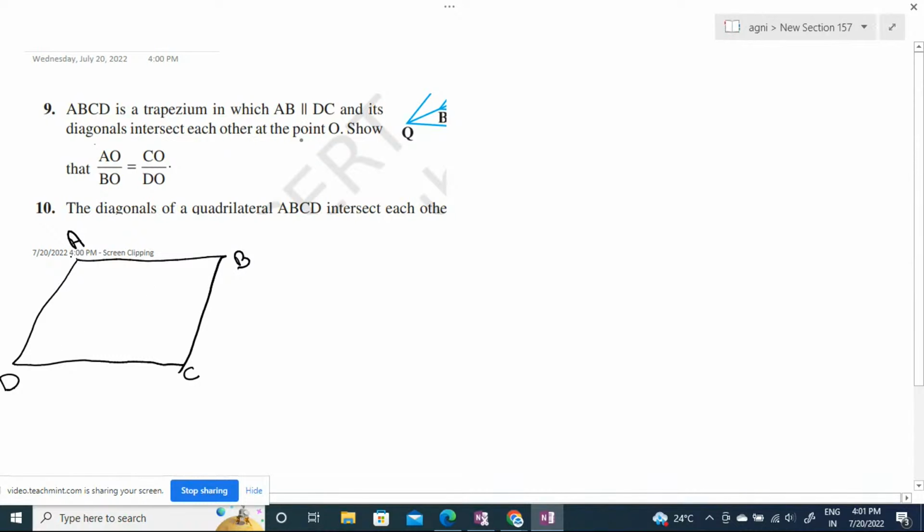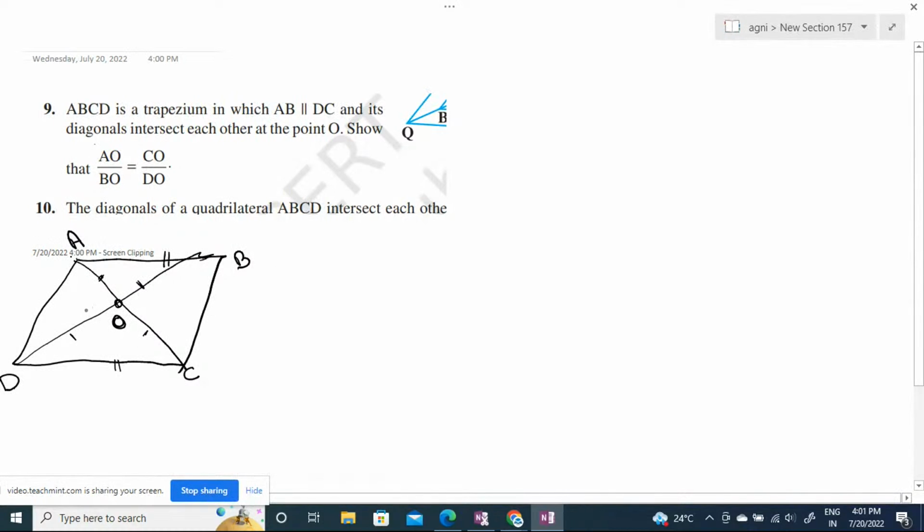AB is parallel to CD. That means these two are parallel to each other. Diagonals intersect at the point O. If we draw the two diagonals of this trapezium, they intersect at O. Show that AO upon BO is equal to DO upon CO. We have to prove this.